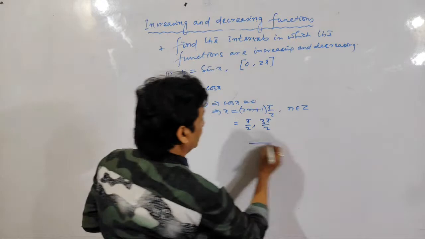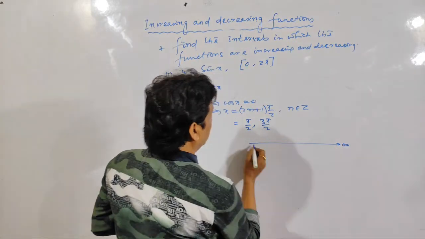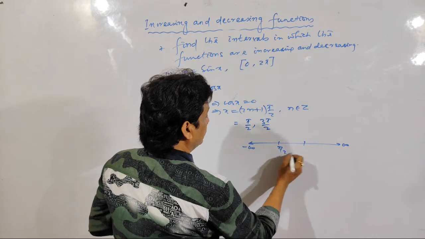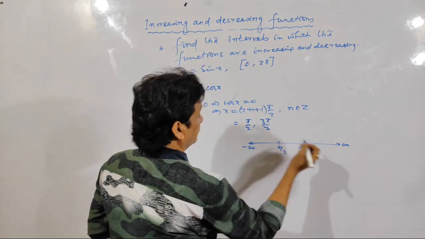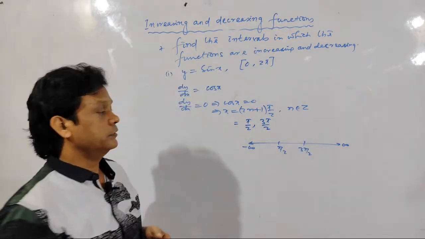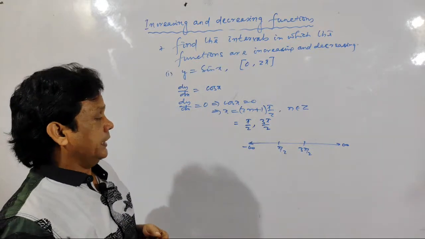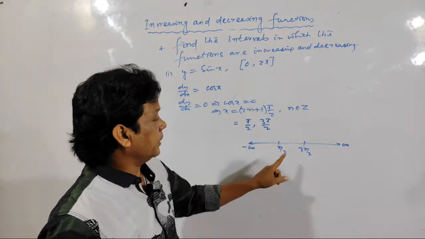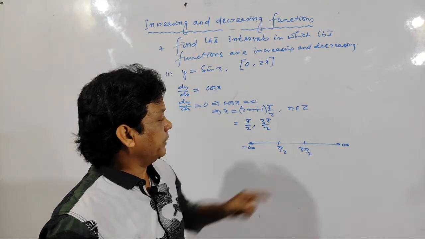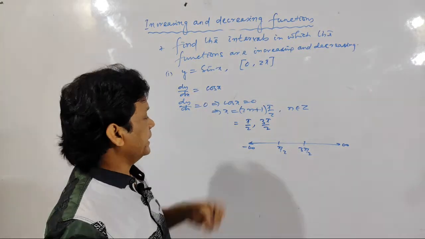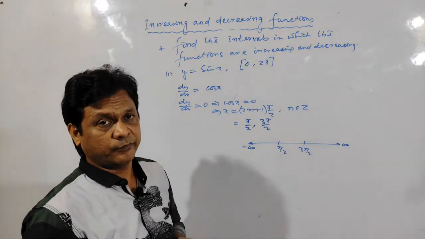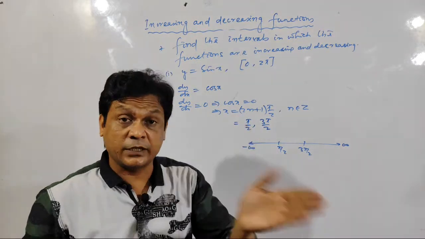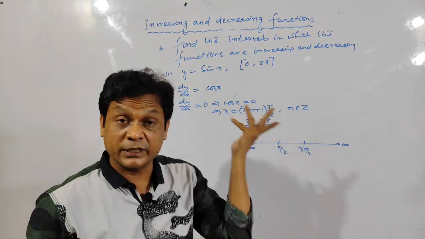So simply draw the number line. This is infinity, this is minus infinity, and these two are pi by 2 and 3 pi by 2. Clear? And in this interval, or any interval in between pi by 2 to 3 pi by 2, whether cos x is positive or negative: if x is greater than pi by 2, greater than 90, cos x is negative.